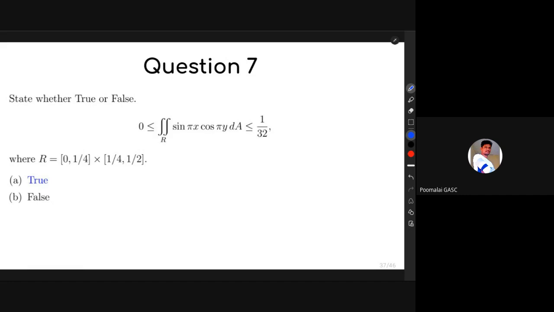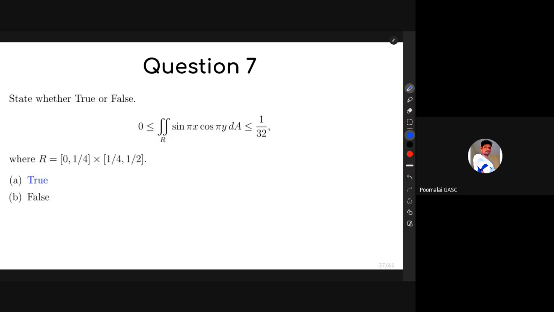Do you guys have any idea how to proceed if it is true, or have you solved this question before? It is fine if you don't have.